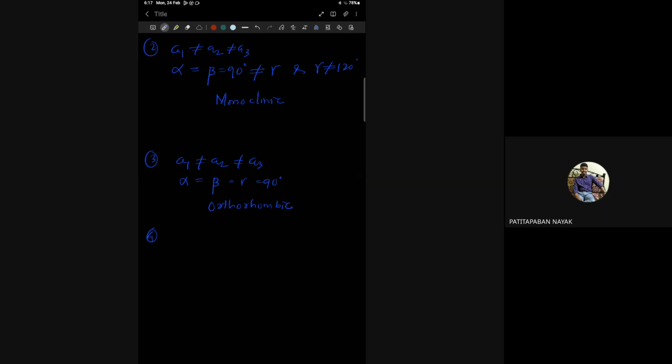So that will be A1 equal to A2 equal to A3, alpha equal to beta equal to gamma, but not equal to 90 degree and less than 120 degree. Then it is called trigonal.